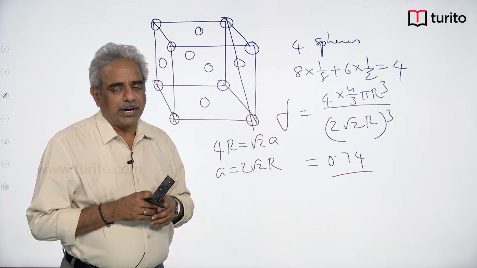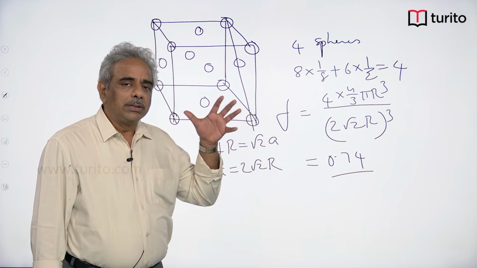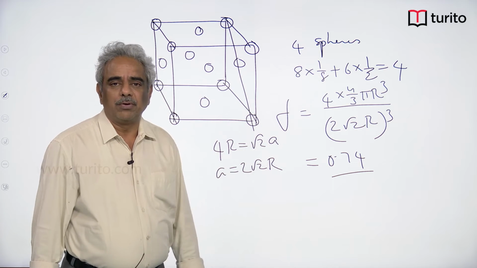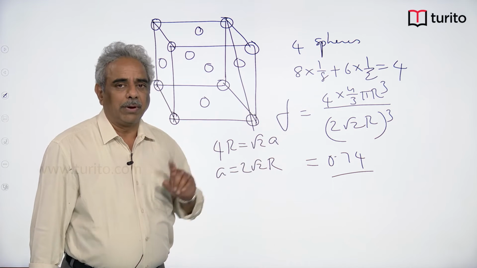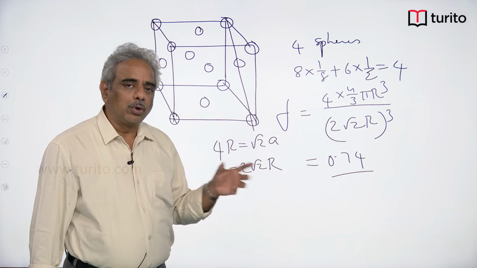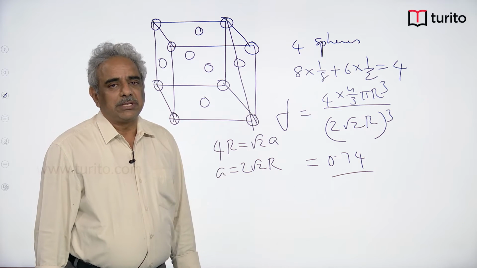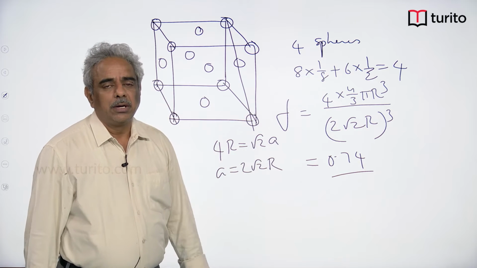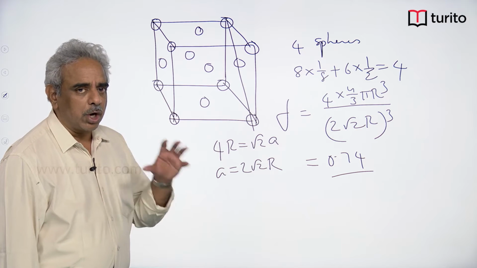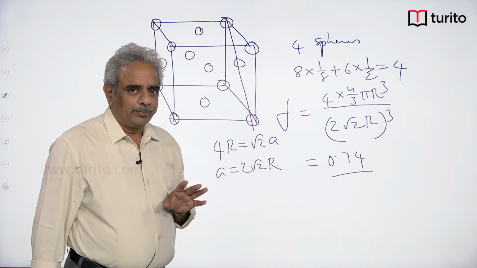We call it CCP arrangement. Therefore, you can conclude in CCP arrangement the packing efficiency is 0.74 and coordination number is 12. Because the packing efficiency of CCP and HCP both are same, you can also tell the packing efficiency of HCP is also 0.74, 74% occupancy is there. That is one thing we have totally concluded.